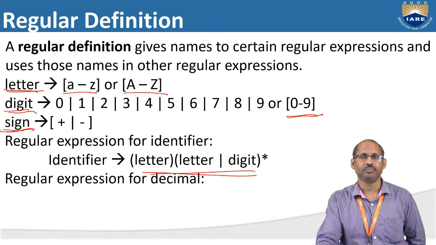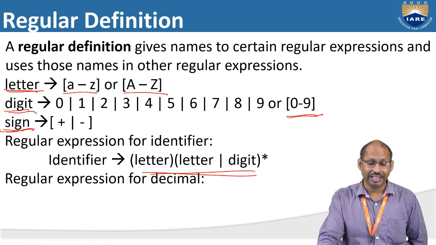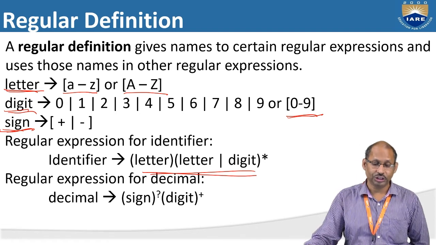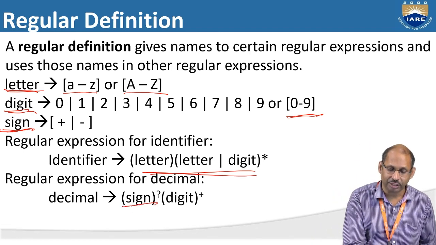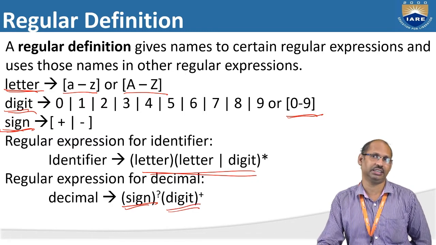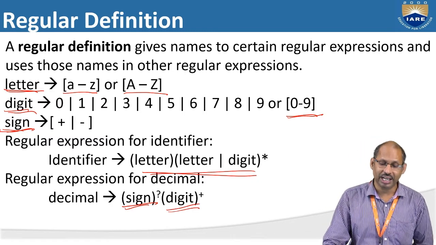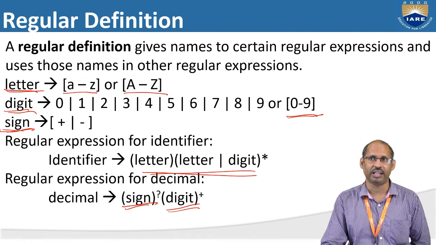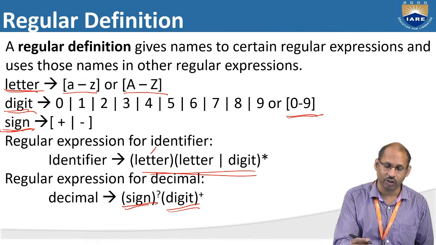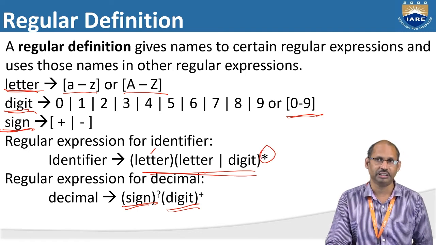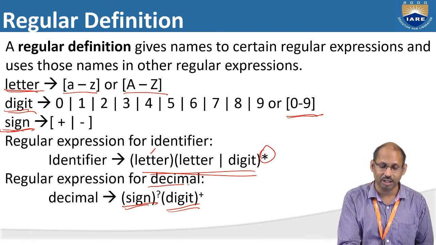Then regular expression for decimals. What is an identifier? An identifier is a letter followed by 0 or more occurrences of letter or digit. Then what is a decimal?